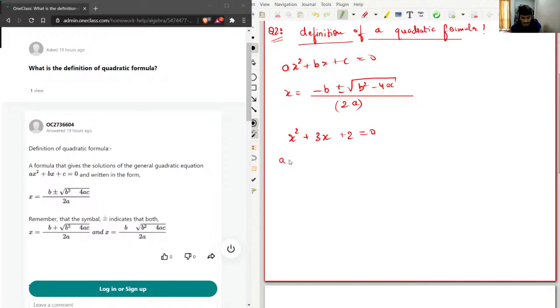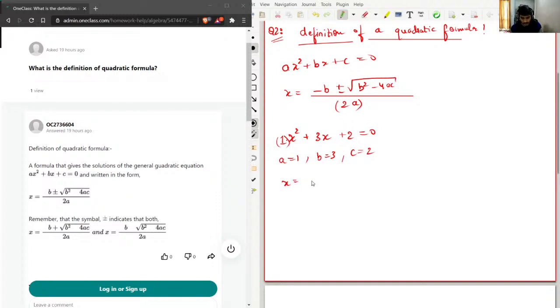In this case my a is 1 because the coefficient is 1 here, my b is 3 and c will be 2. Now I'll use this formula.